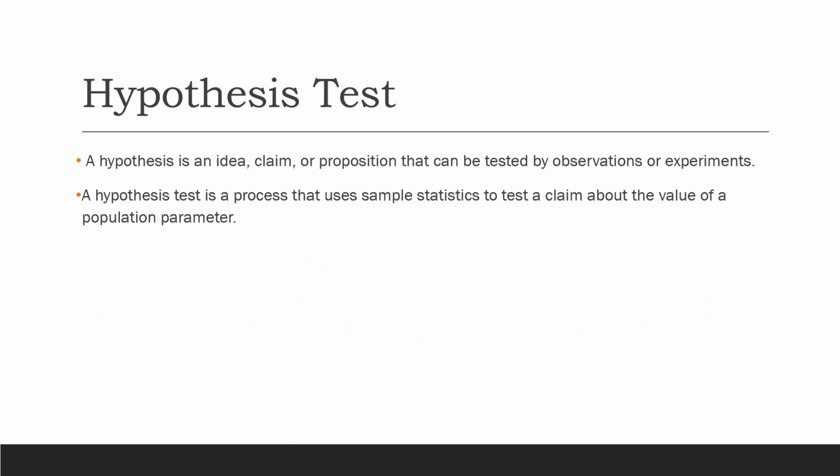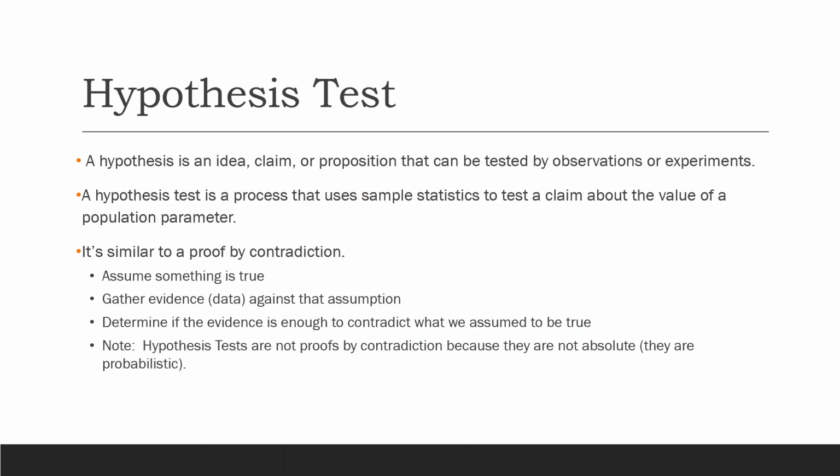Now, I like to think of a hypothesis test as a proof by contradiction. With proofs by contradiction, you usually assume that something is true, right? So we start with assuming something is true. After you assume something is true, then you gather evidence. And so it could be some logical statements that can follow from that.